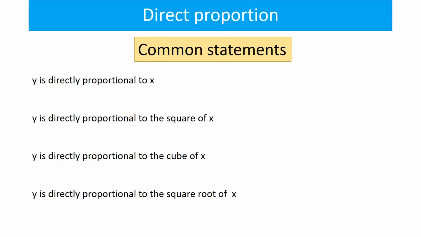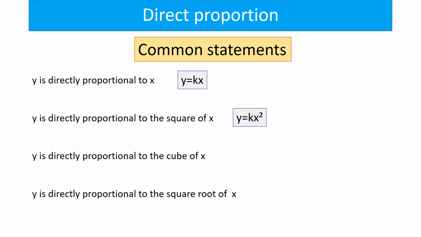Here are the most common statements involving direct proportion. When we say that y is directly proportional to x, this can be written as y equals kx. Remember that k is constant. Next statement, y is directly proportional to the square of x, so y equals kx squared.